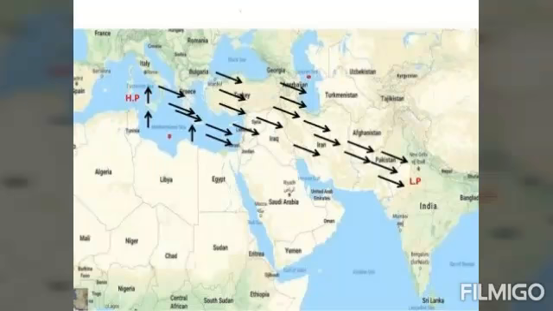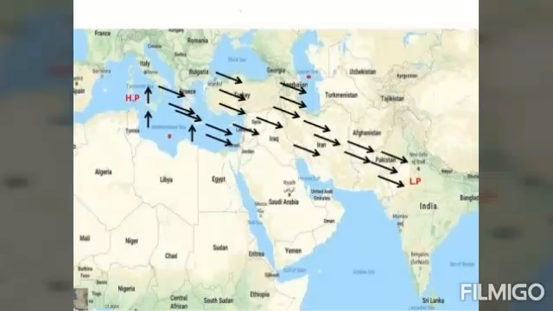Next, we will discuss about the next factor, that is western disturbances. During winter, there is a low pressure depression called western disturbance in northwest India. The rainfall in the northern states such as Punjab and Haryana is due to western disturbances or the cyclones which originate over the Mediterranean Sea.